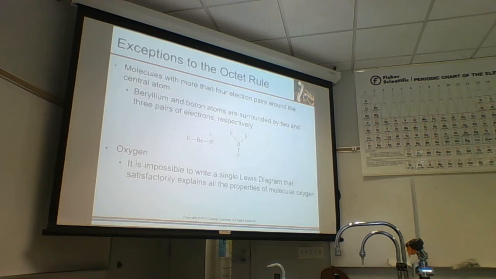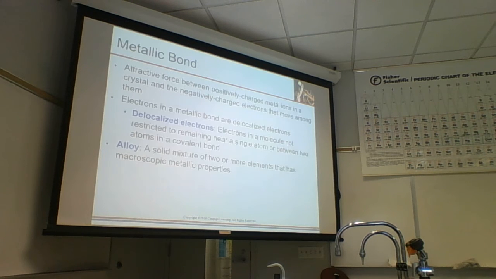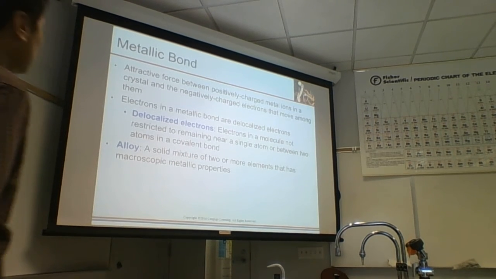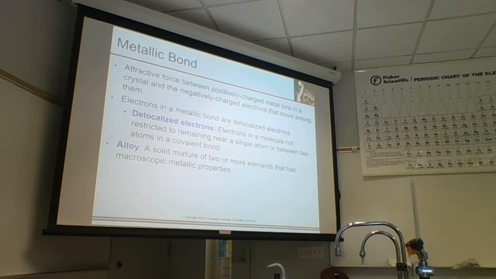Okay, that's covalent bonds. We'll have single bonds, double bonds, and triple bonds, and then we have these odd species like this. And then we have metallic bonds as well. Metallic bonds are the bonds that hold metal atoms together. And typically, when people think about metal atoms, they think about, did I talk about this electron sea model?